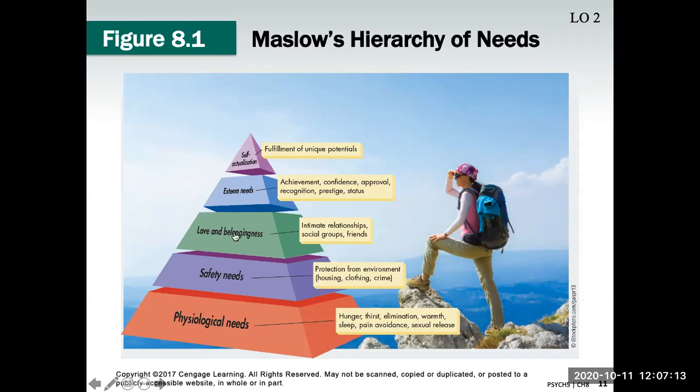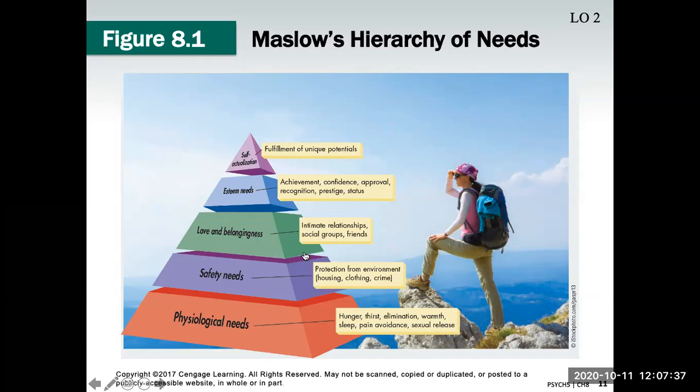So, you can bounce between these, depending on what's going on in your life. I have never met anybody in my entire life who just sort of says, okay, now I'm fed and housed and I'm safe, and now I can work on my love and belongingness, and then I can work on my achievement.